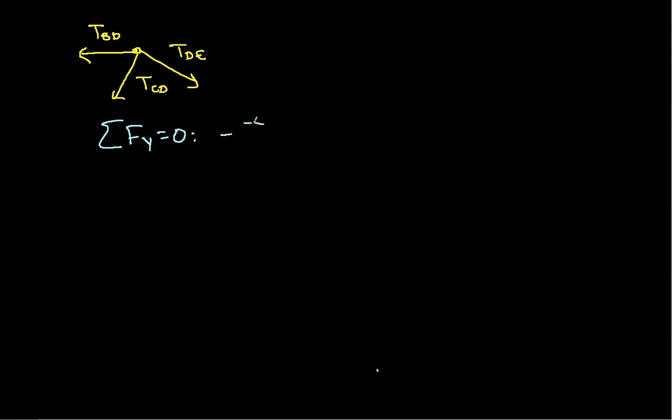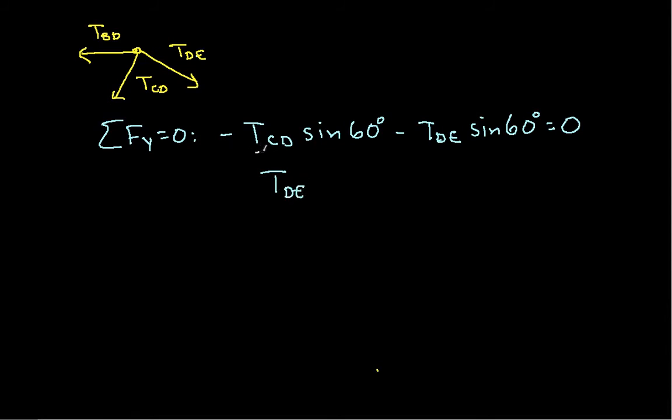So I have minus TCD times sine of 60 degrees minus TDE sine of 60 degrees equals 0. And I can solve this then for TDE, because I already know TCD.